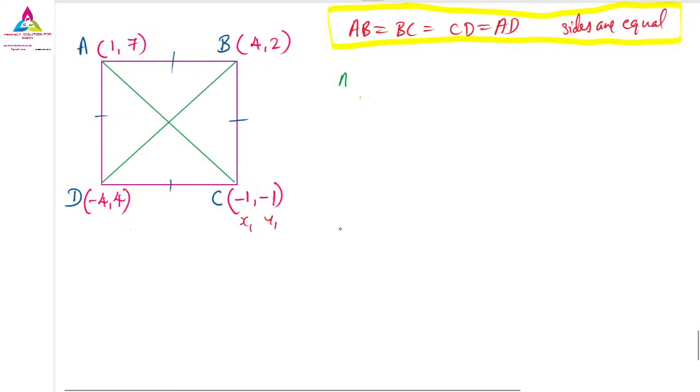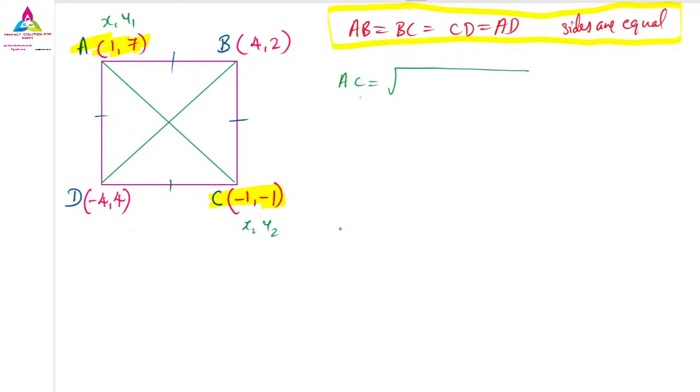So what is that AC? AC is equal to the same, root of. Now we are finding the AC, which means we have to consider this A and C. A is over here and C is here. So this one I have to take as x1 and y1, and this one I can take as x2 and y2, subtract them and find the final answer.